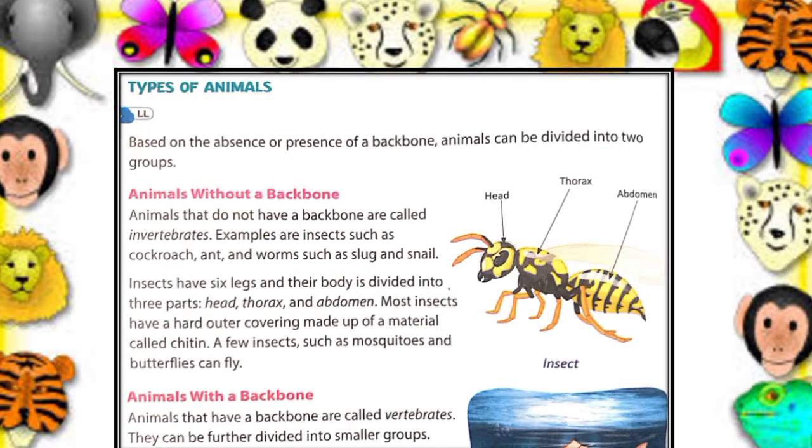Now let's understand animal classification on the absence or presence of a backbone. Humans like you can move because your body is supported by an internal skeleton, which works as a support structure for your body. It gives the body its shape and allows movement.